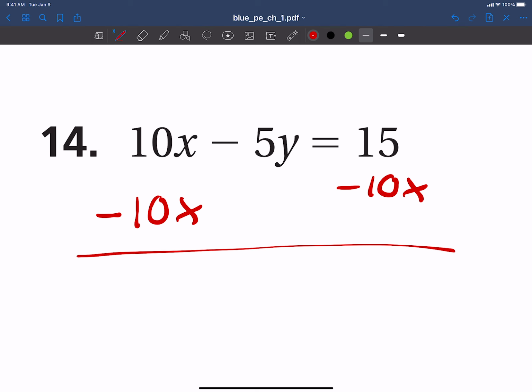Now how do I get y by itself? Divide by -5. Now I'm dealing with numbers, so divide everything by -5. Got it? So you'd get -5 over -5 is 1, so that's gone. That one would be -3. Good, John! -3, because that's what that equals.